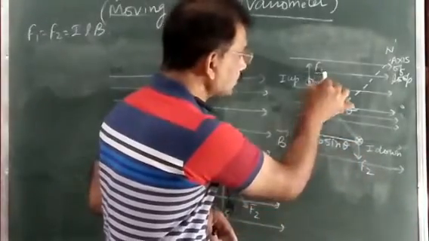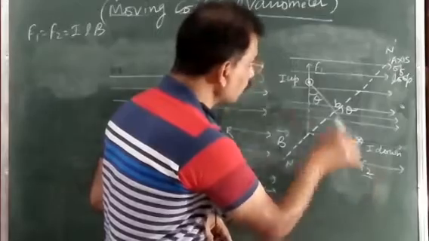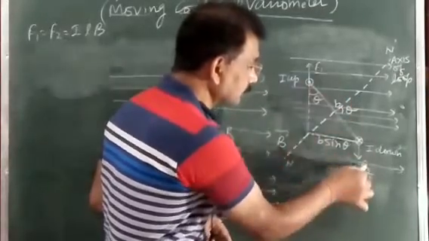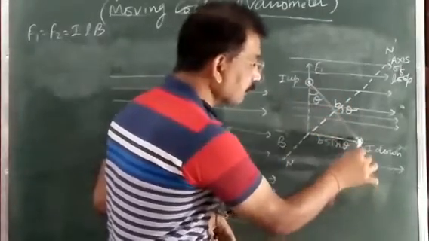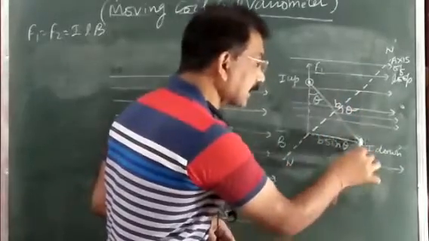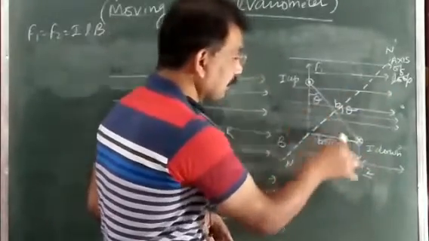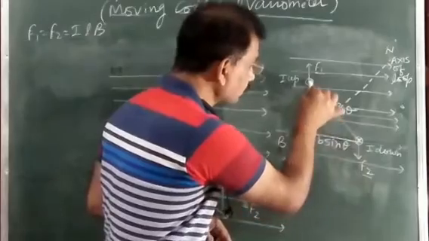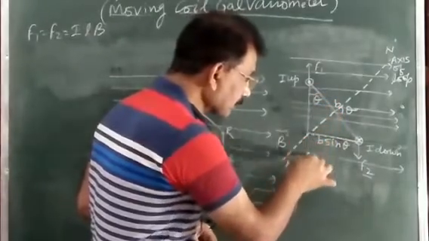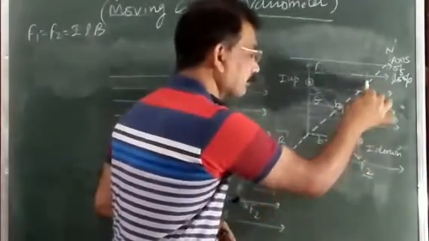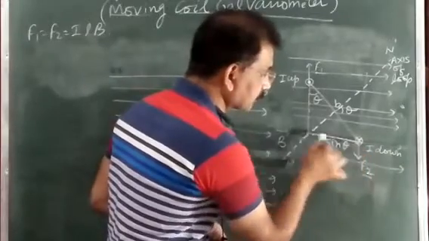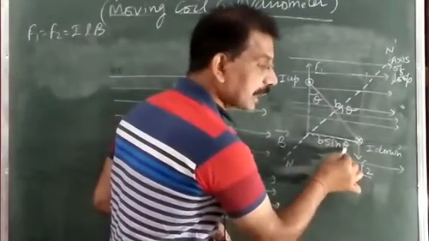Now the magnitude of forces F1 and F2, both forces are equal in magnitude, opposite in direction, with different lines of action. And what is the perpendicular distance between these two forces? Extend this one and extend this one, along the same line. So this is the perpendicular distance between these two forces. How much here? B sine theta.